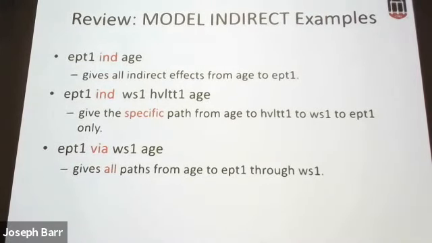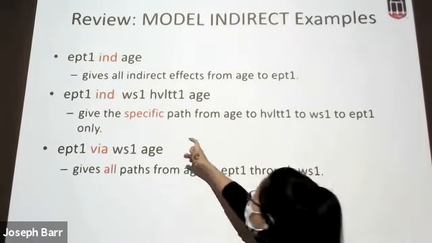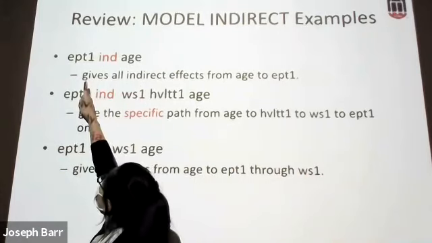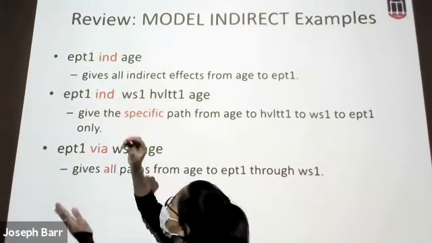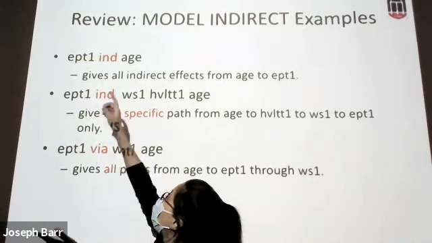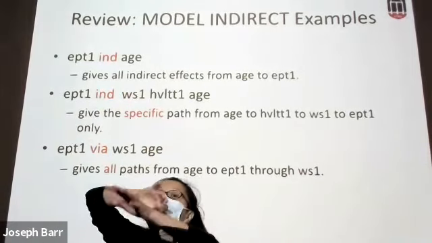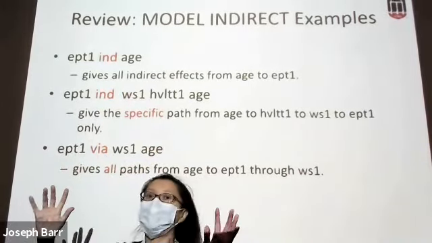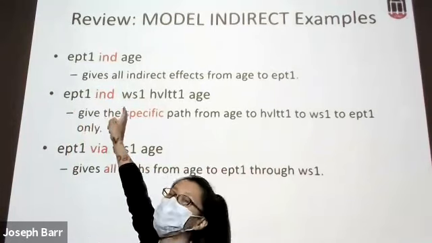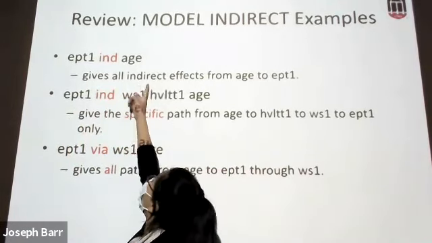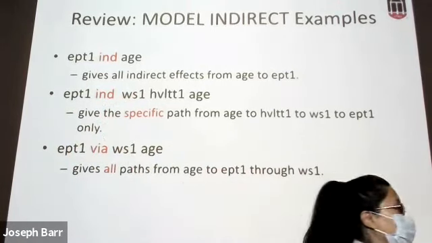EPT IND H means please provide all the indirect effects from H to EPT. H is the independent variable, EPT is the dependent variable, IND is the indirect effect from H to EPT. All the possible mediation effects, please list all of them. That's the meaning of the first statement.